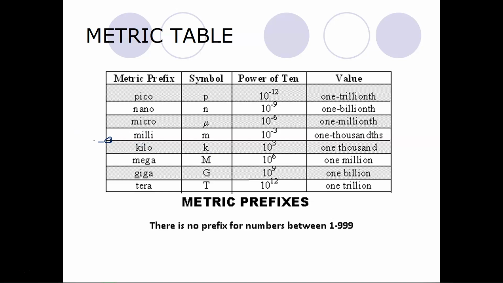This is where your decimal point is right here. This guy starts after 1 to 999. Okay? There is no metric prefix for those that we will be using. Does that make sense to everybody? This is where the fun part comes in.